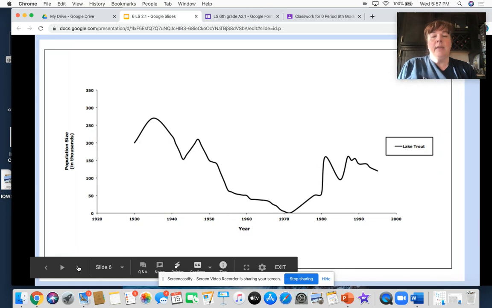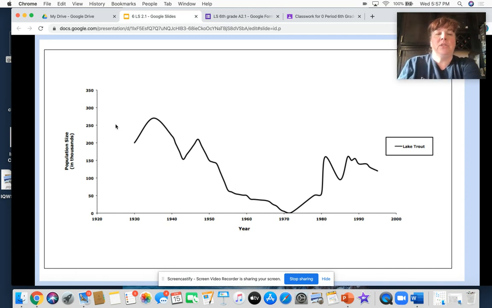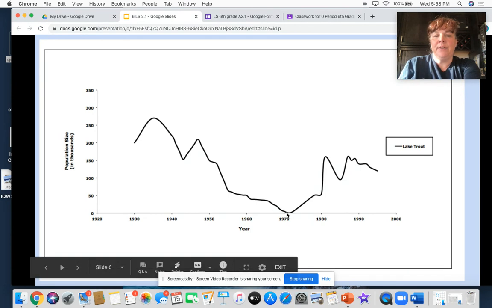So here is a graph of the population. If you notice, when they started doing this in 1930, it started at 200,000 in the lakes. It peaked up here, and then all of a sudden went down, and then it went down again. Between 1950 and 1970, it plummeted.